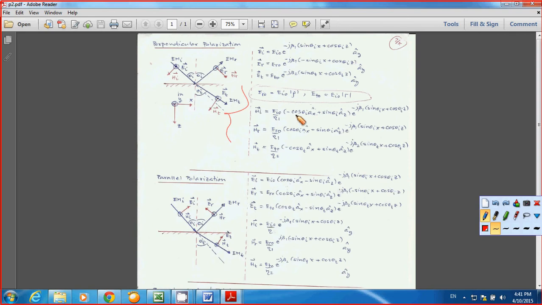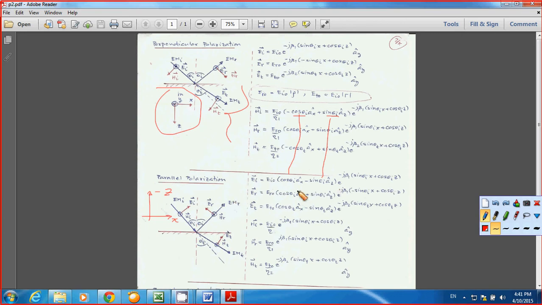And this one, you take a look at this one, still the same, right? What is your Ei here? This is the positive x direction and this is the negative z direction, right? Because I already defined the rectangular coordinate system just like this one here. This has become positive z.